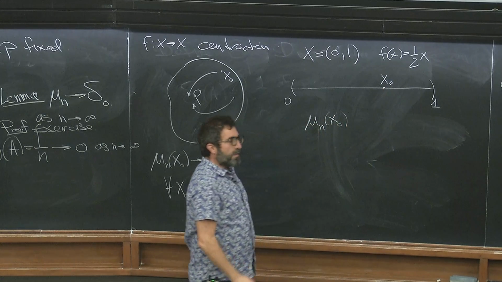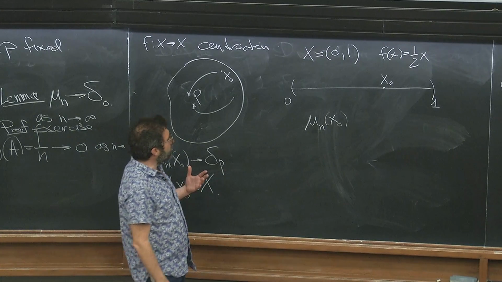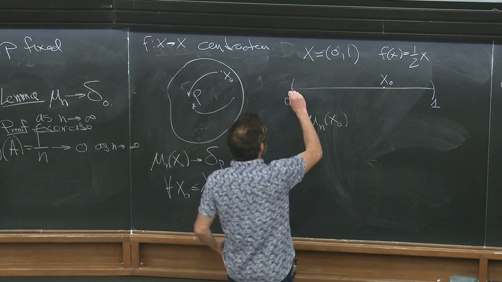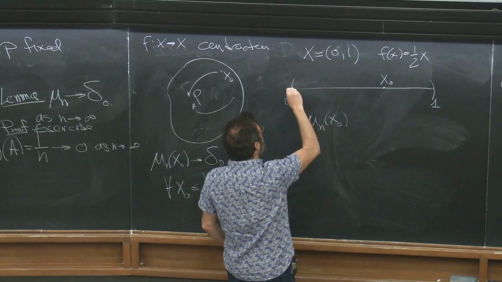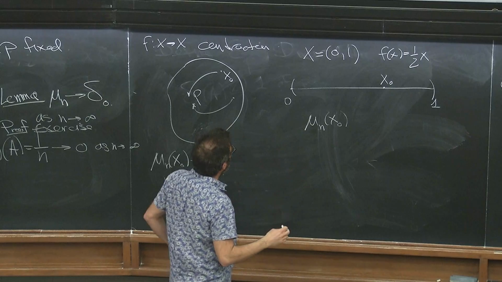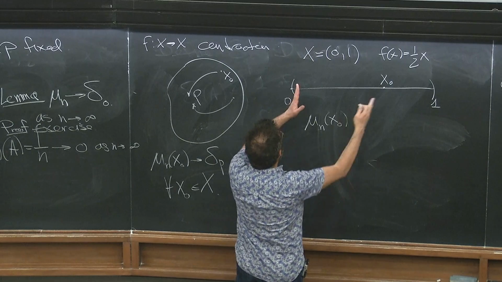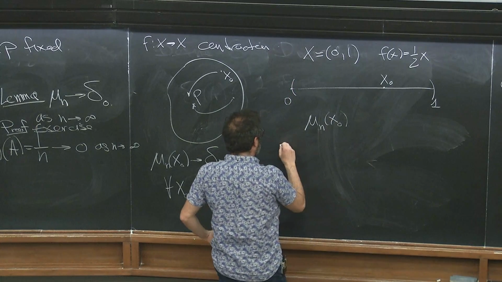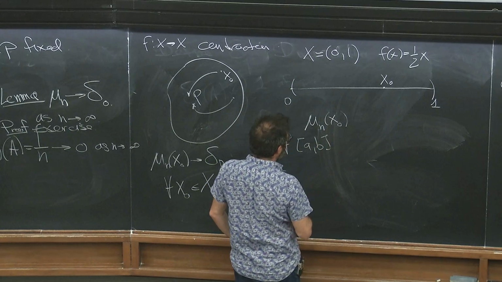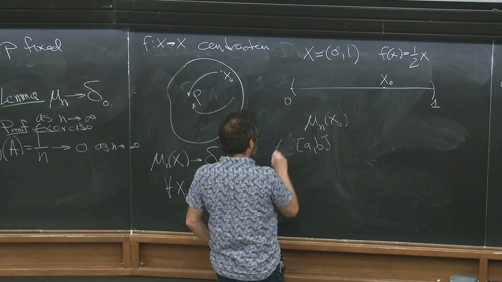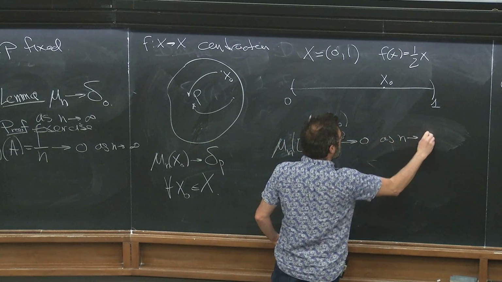The only limit that it can converge to is delta of 0, because for any closed interval [a,b], we have that mu_n of the closed interval [a,b] tends to 0 as n tends to infinity, right?